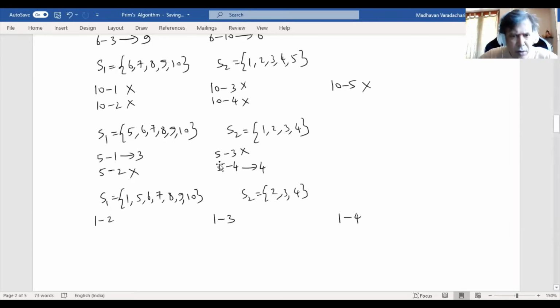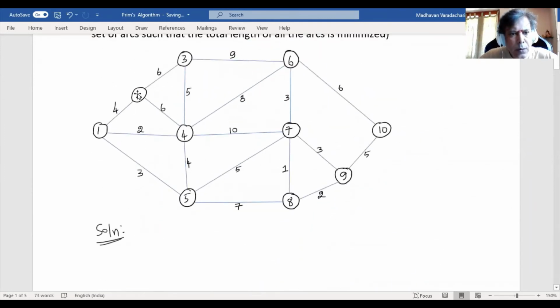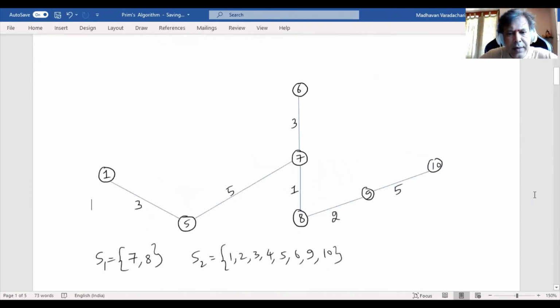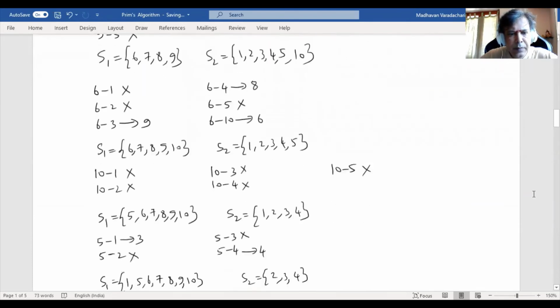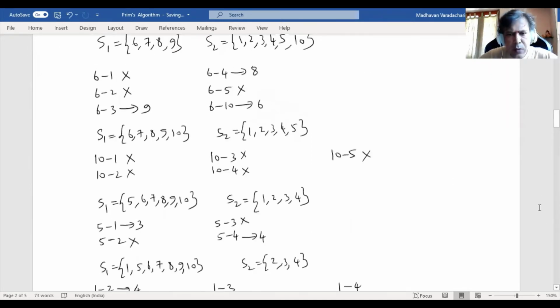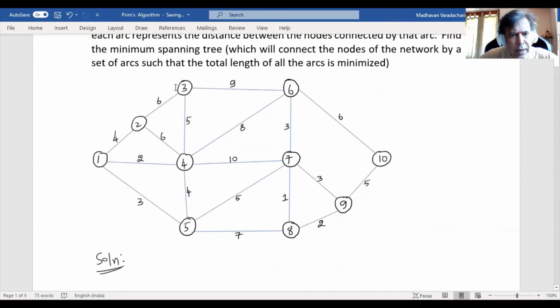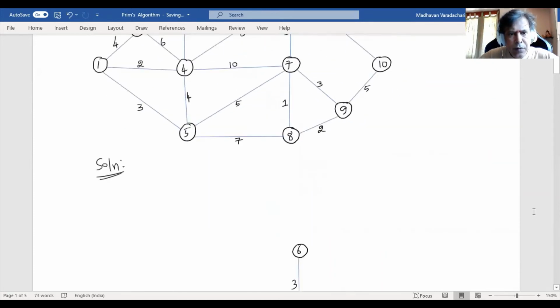Do we have 1 to 2 in the diagram? 1 to 2, yes, it is there. Distance is 4. 1 to 3, do we have? 1 to 3 directly not there, whereas 1 to 4 is there. 1 to 4 is 2.